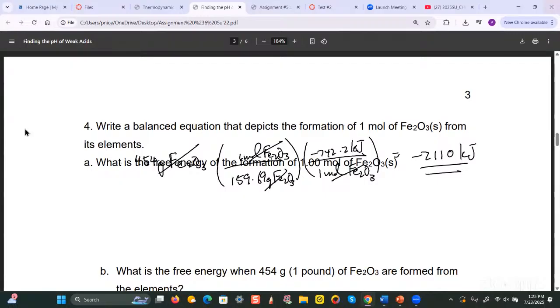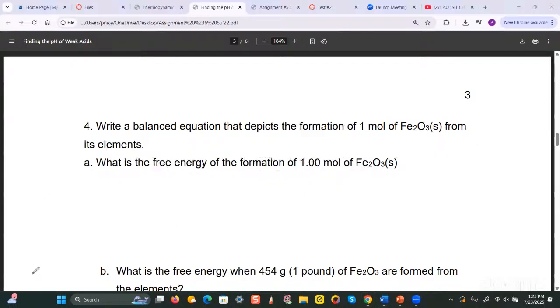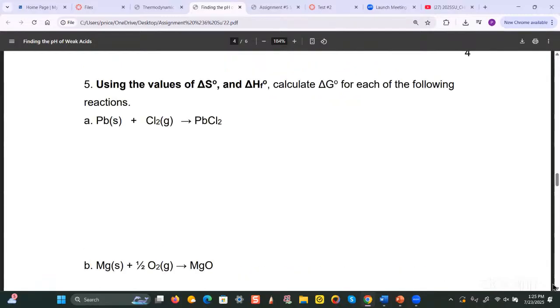Let me clear this here. And now we're going to move on to number 5. I'm only going to do one of these, and based on that one, you should be able to do the others.